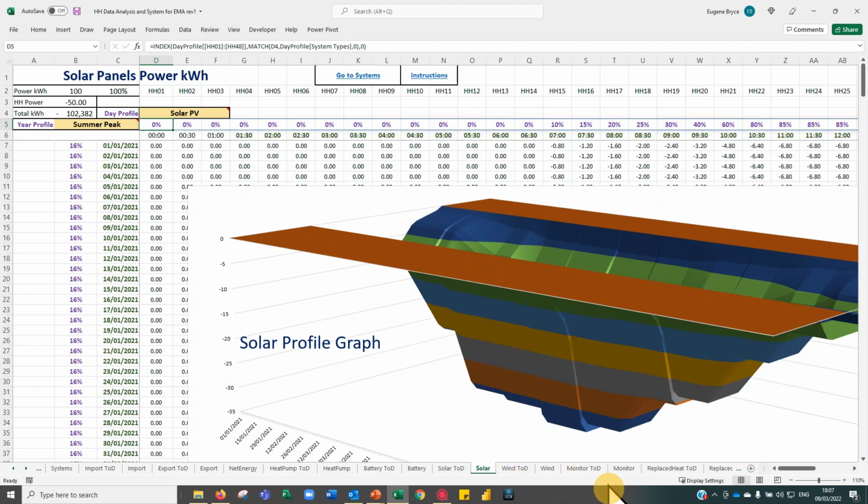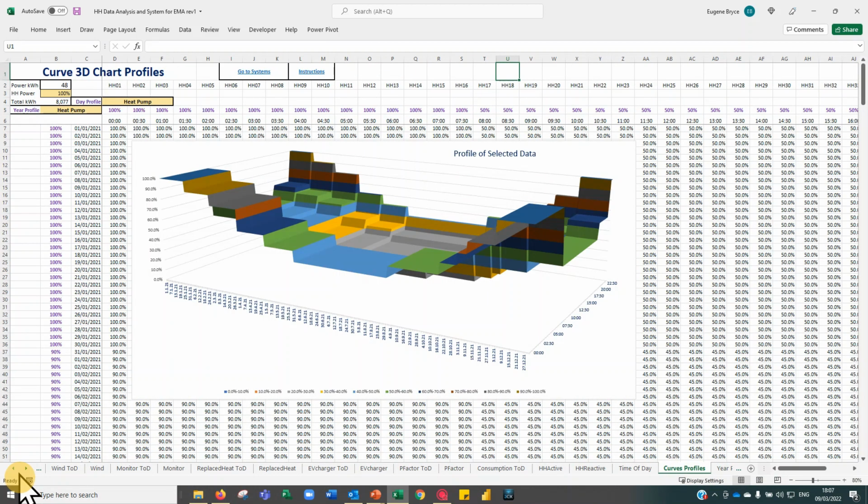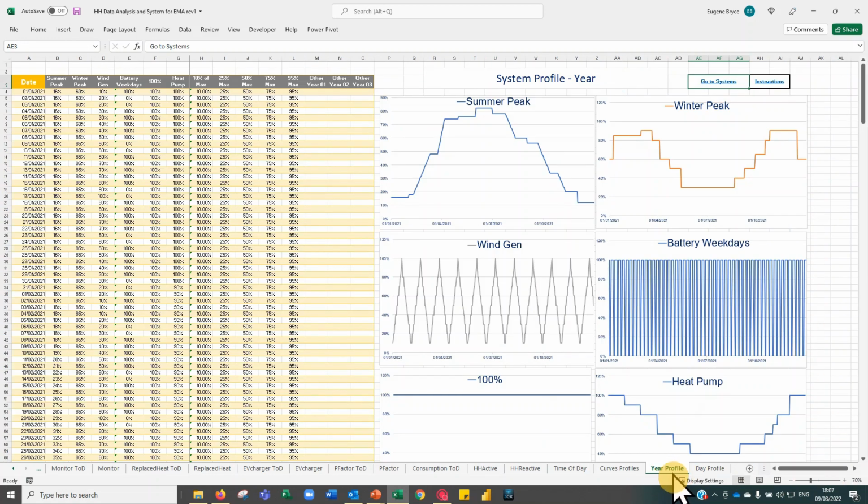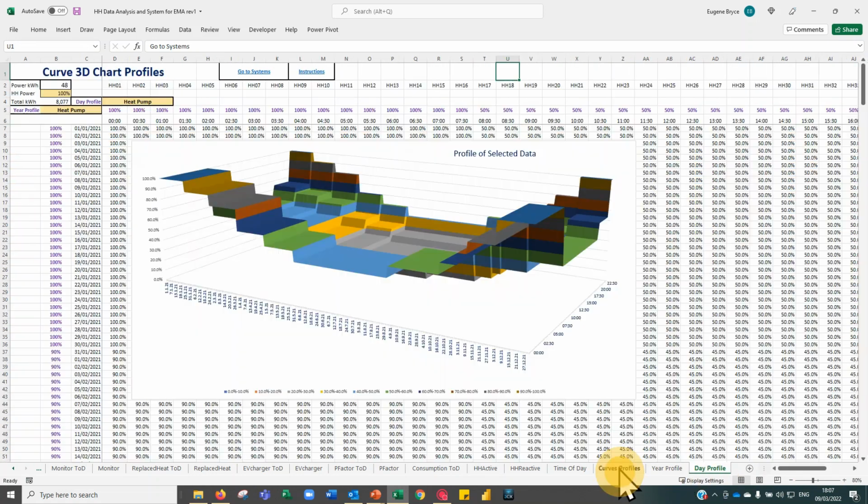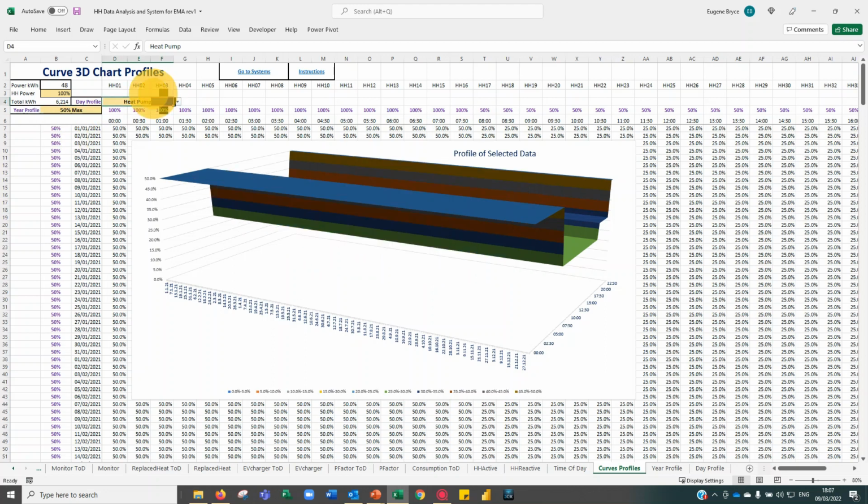Now I do have a spreadsheet where you can play with the various profiles, the curve profiles. So here, this sheet is just taking both year profiles and day profiles. I've got the heat pump profile displayed here. I can say 50% max, and put on solar.